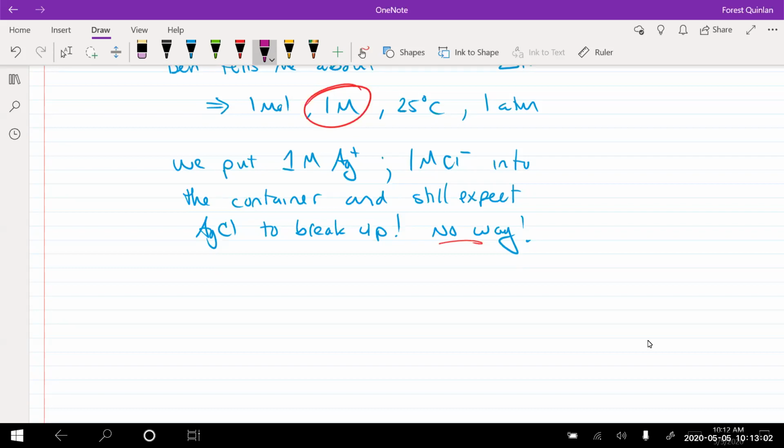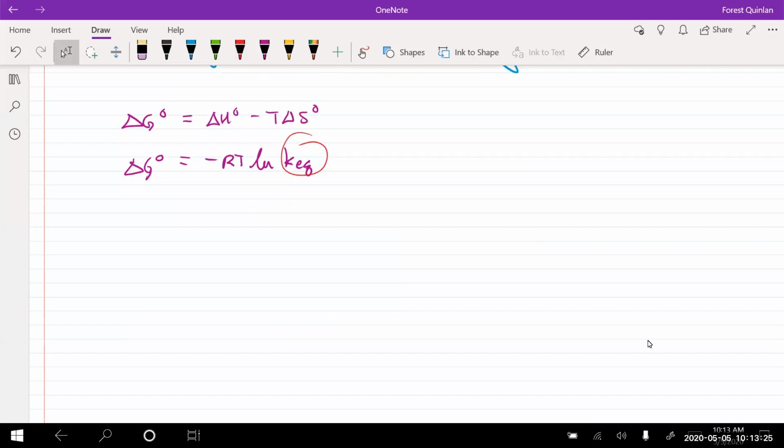Now, delta G naught is equal to delta H naught minus T delta S naught, but we also had delta G naught is equal to negative RT natural log of KEQ. Rearrange this. KEQ is equal to e to the negative delta G naught over RT.